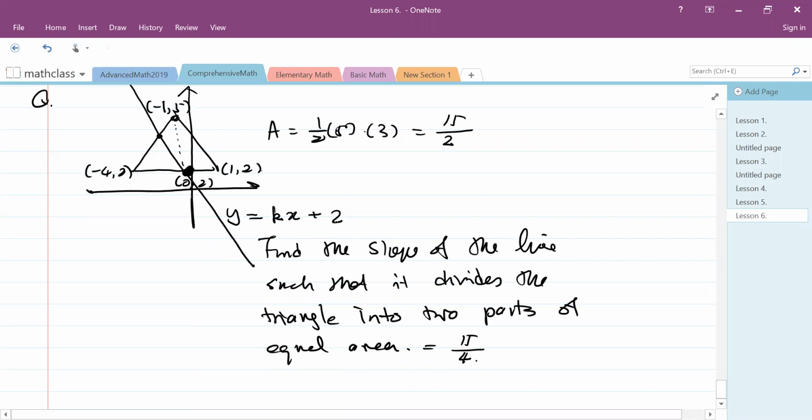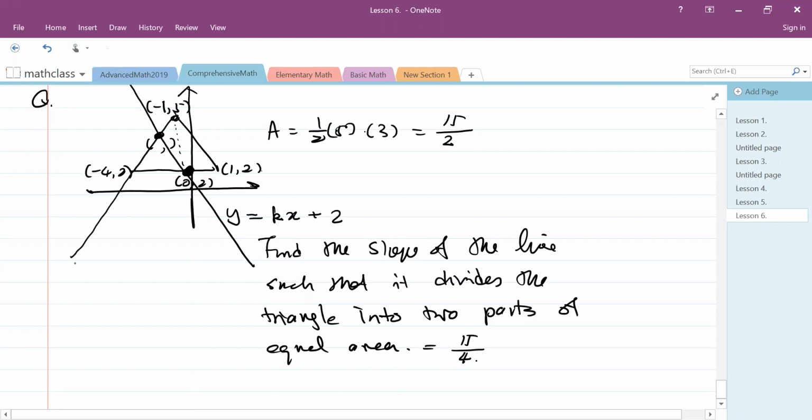So you determine the value of k. And if you're able to figure out the y coordinate of the intersection point, then you can tell the height of the triangle. So how about the equation of this line?